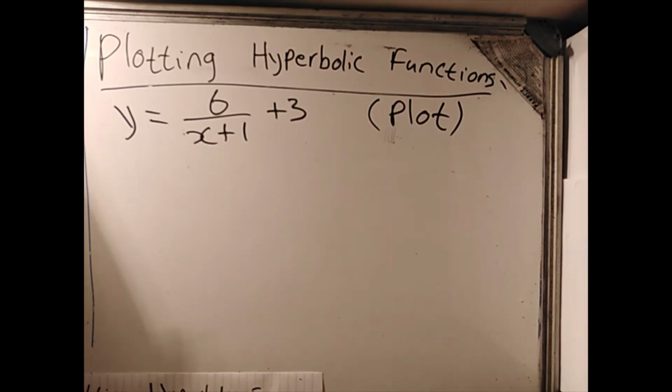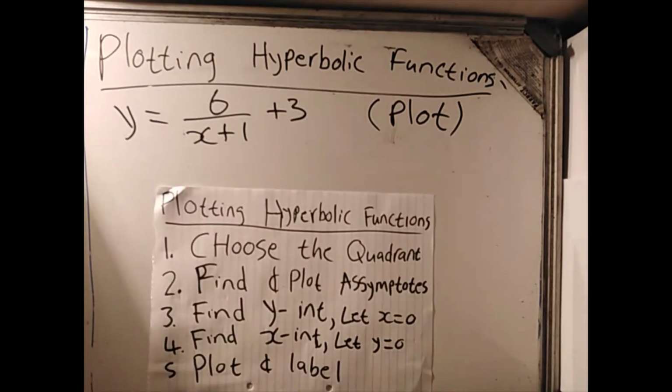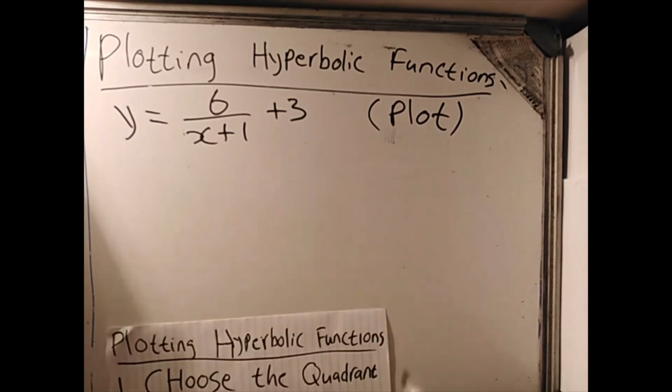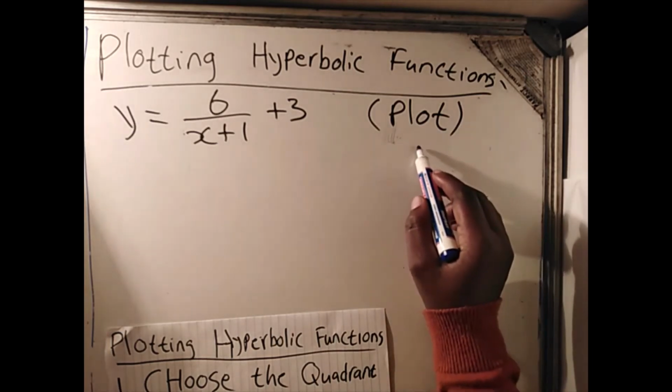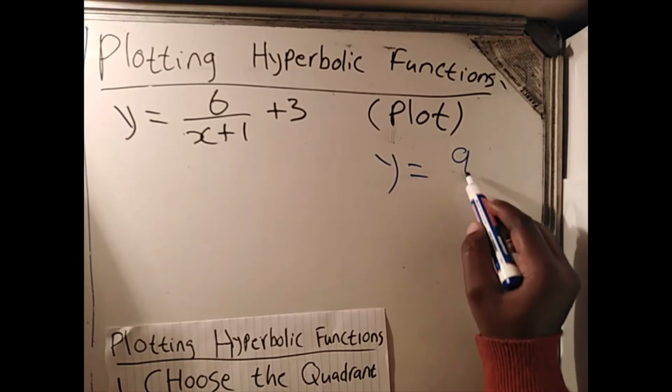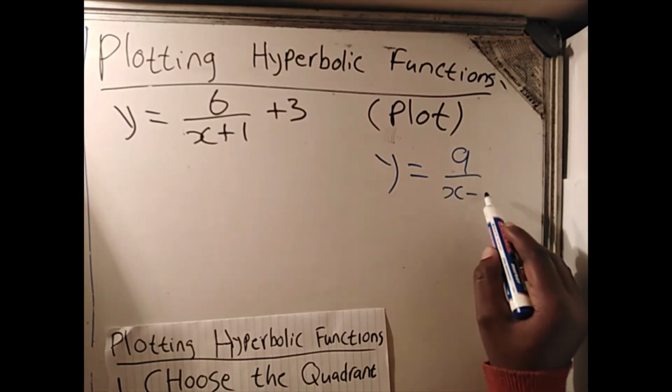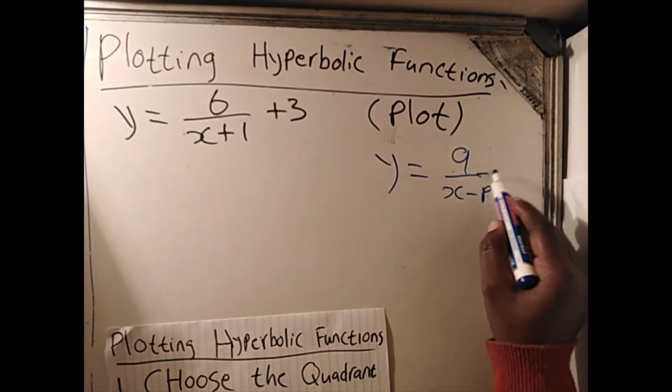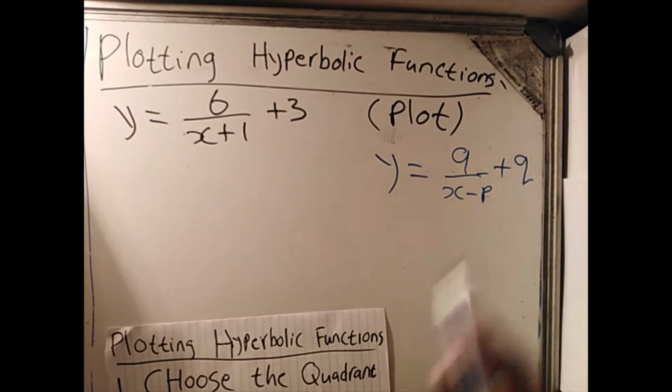So how do you go about plotting this kind of graph? Step number 1, choose the quadrant. Now you must find the value of a here. Remember that the general equation for this is y is equal to a over (x minus p) plus q.